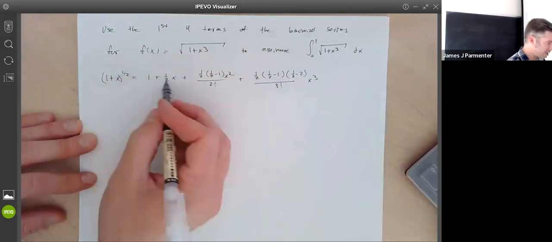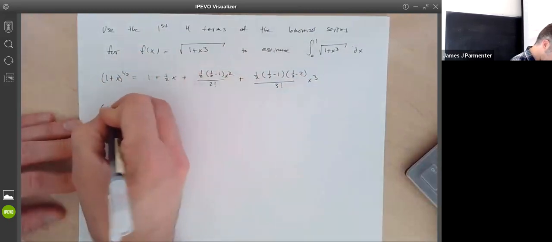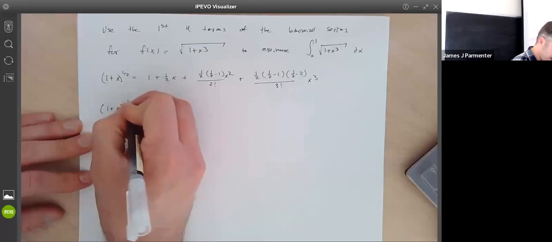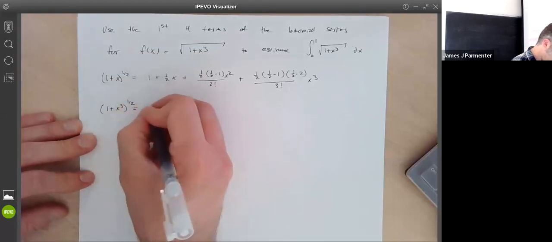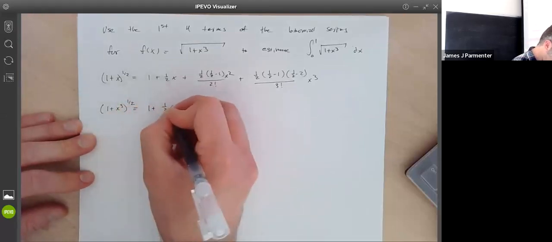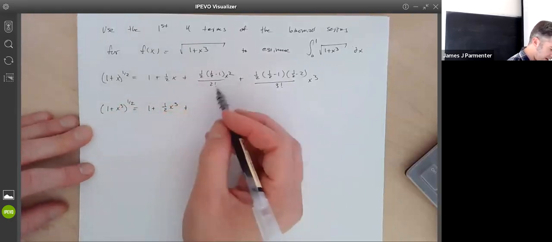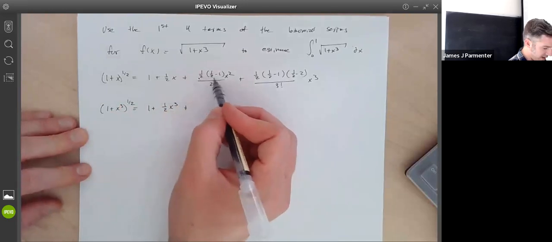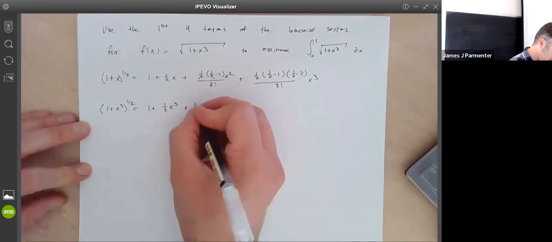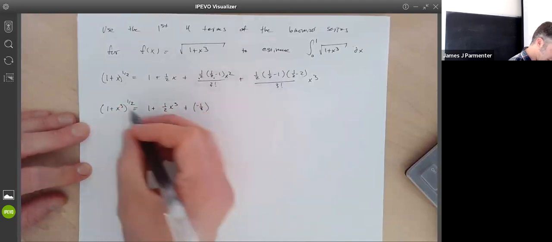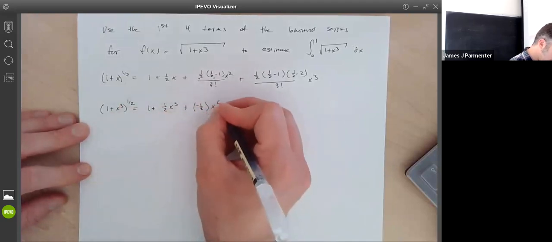But then I'm going to plug in x cubed for x. So 1 plus x cubed to the 1/2 is going to be 1 plus 1/2 x cubed plus, I might as well do a little simplifying along the way, 1/2 times negative 1/2 divided by 2 is negative 1/8 times x cubed squared, which is x to the 6th.